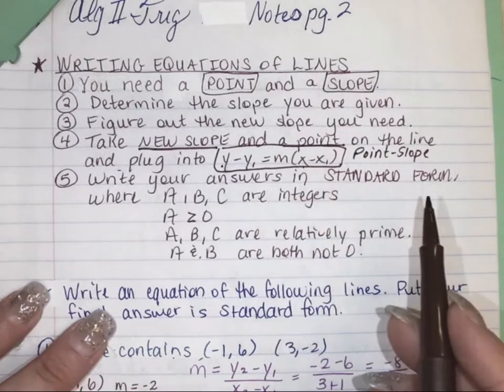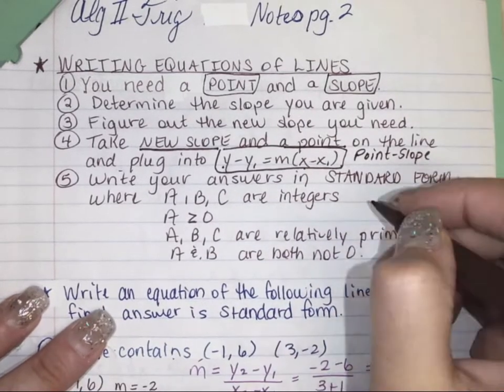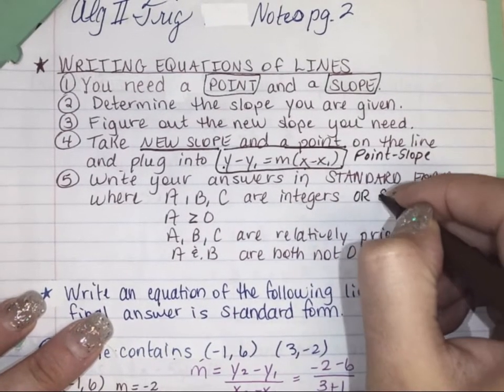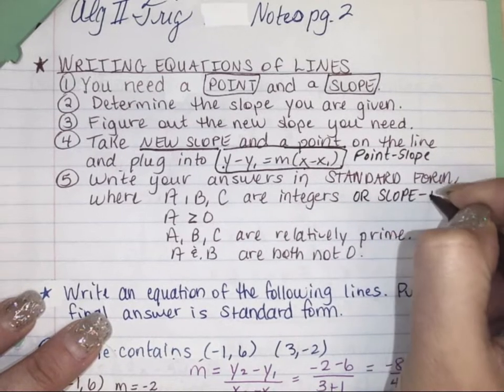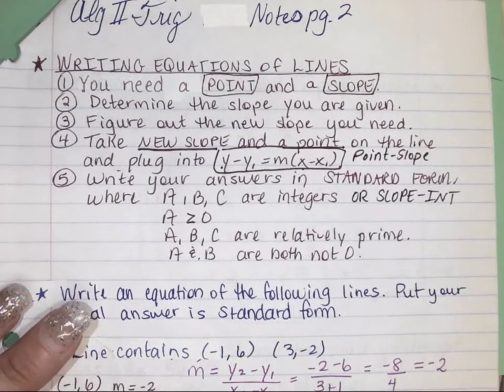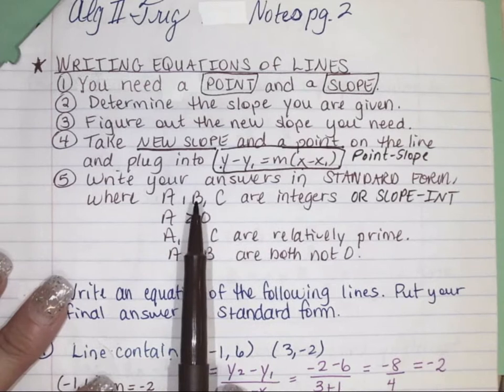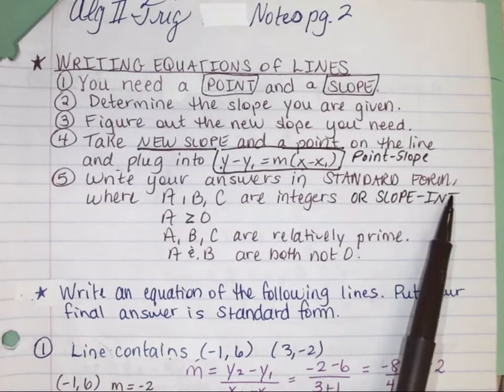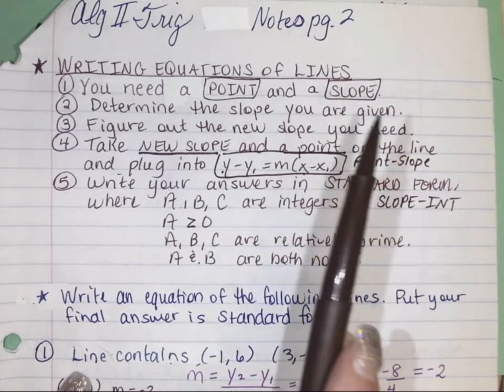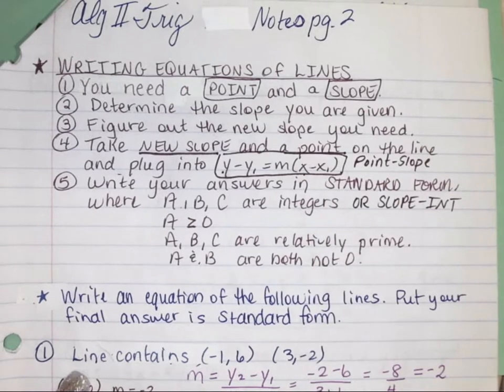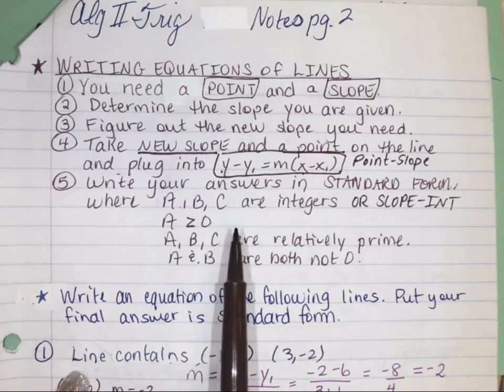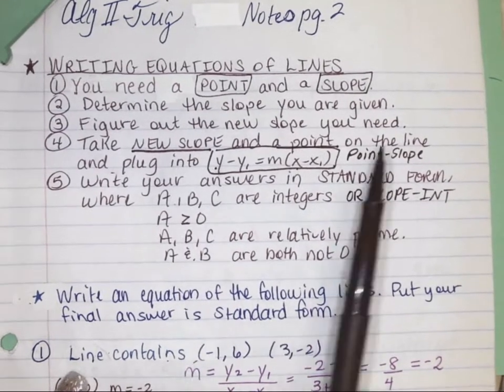Okay, so we're going to write our answers in standard form or slope-intercept form. Usually if you're leaving it in standard form, you want a, b, and c to be integers or whole numbers and a to be greater than or equal to 0.